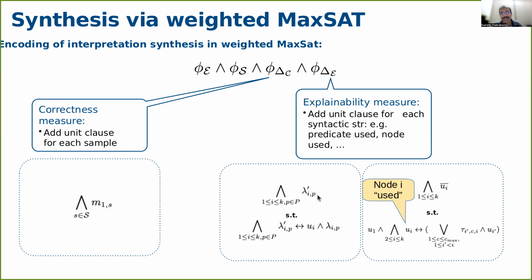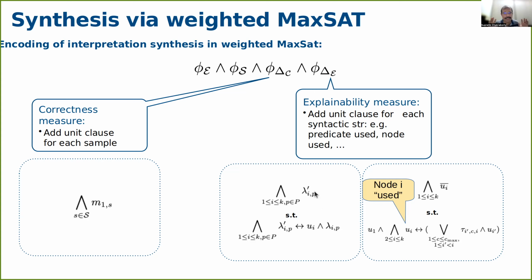So I would like to maximize this, but this clause here is a unit clause, and it will have the weight of the predicate P. So it effectively means that I'm trying to maximize the weights of the predicates that I'm using. The node has to be used and it is using predicate P, and I'm giving the weight of the predicate P to this variable over here.